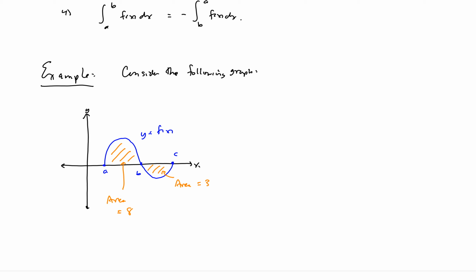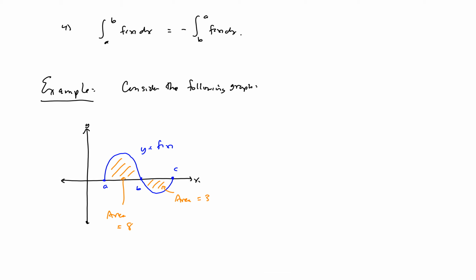So let's see how this gives us values for some various definite integrals. So for instance, if I look at the integral from a to b of f of x dx, now from a to b the function is always positive, so that means that the definite integral just gives me the area from a to b under the curve f of x. So in that case, this is just 8.